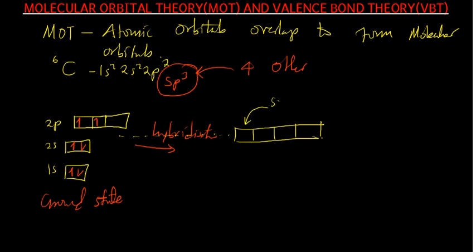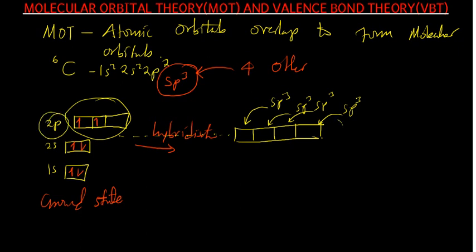This one is sp3, this one here is also sp3, that another one there is sp3, and the other one here is sp3. Just like these three we call the 2p orbital, all of these 4 together we call the sp3 orbital. Okay, are there questions on that one?